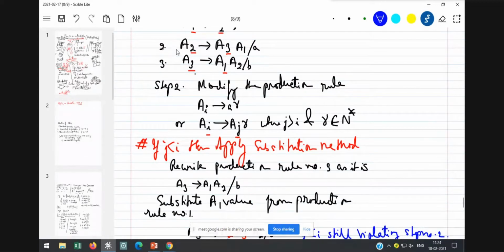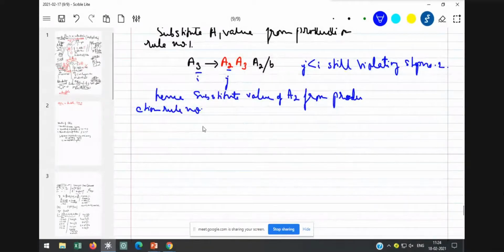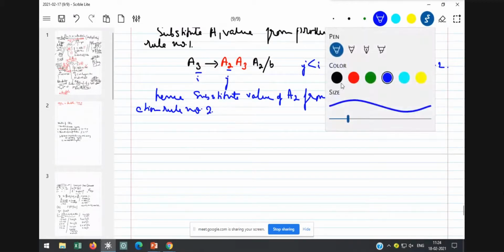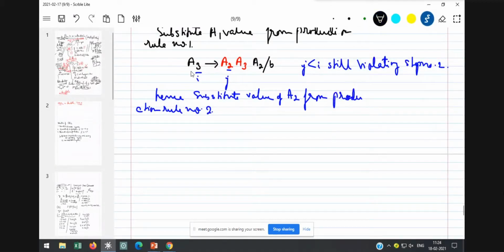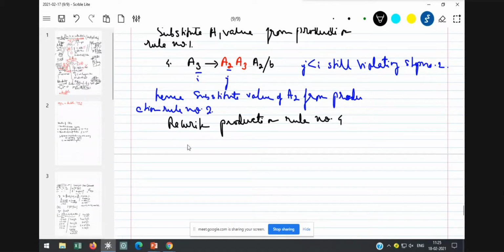But as per production rule number 2, there are two values for A2. So let me just write production rule number 2. So now let me rewrite, let me just call this as 4. Rewrite production rule number 4.